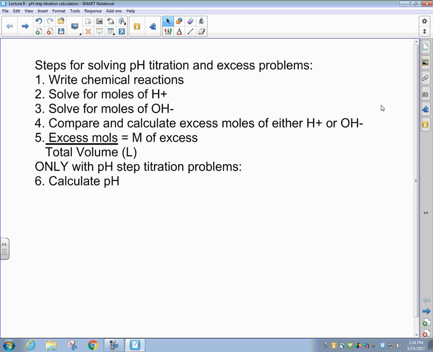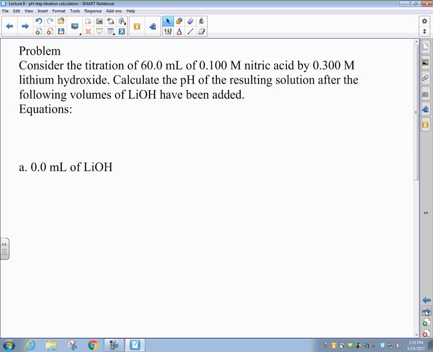So rather than adding a drop and waiting for the pH to stabilize and adding another drop and waiting for the pH to stabilize, we're going to add 5 milliliters of base or 10 milliliters of base and determine what the pH reading is, or calculate what the pH reading is at that moment after all of that volume of base has been added. So we have the 6 steps currently displayed on the screen that we will follow for this process. We'll go ahead and move over to our practice problem that we have.